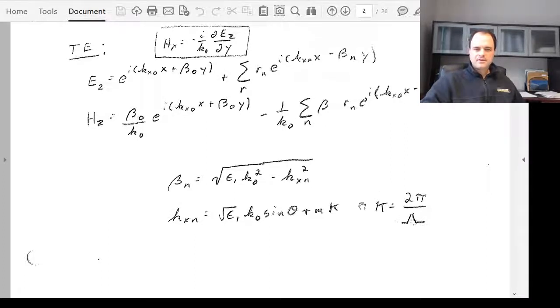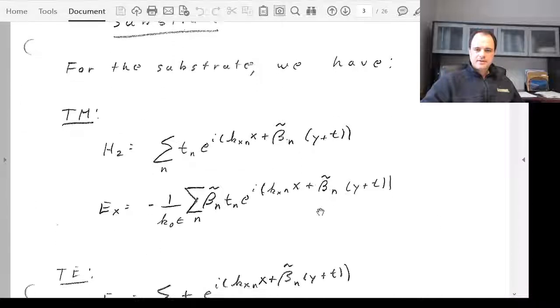So this is where the Floquet theorem comes in. It's not just k naught, it's k naught plus mK, where m is an integer: minus 100, minus 99, minus 98, all the way up to minus 1, 0, 1, 2, 3, 4, 99, 100, and so forth. It's an integer, positive or negative or 0.